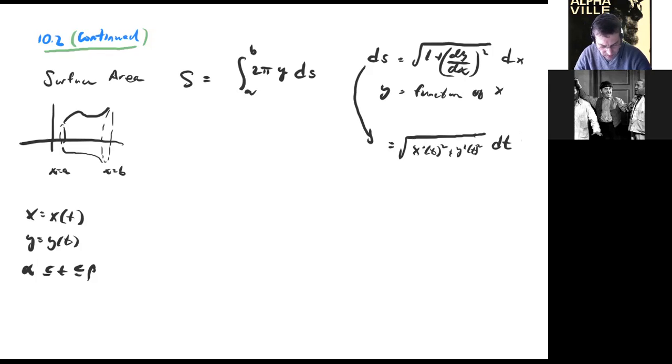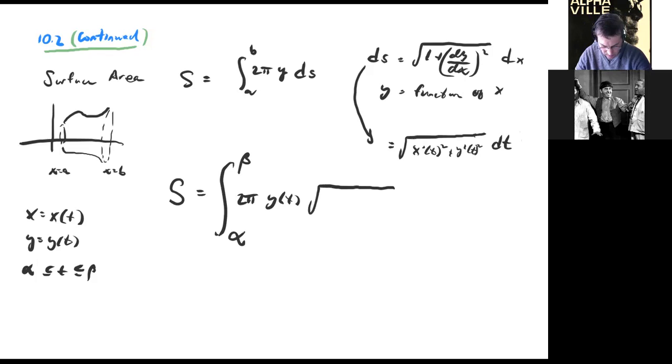So if we do the substitution, we get that the surface area of a surface of revolution of a curve given by a parametric equation is the integral from alpha to beta, those are t limits of integration, of 2 pi y of t times the square root of x prime of t squared plus y prime of t squared dt.